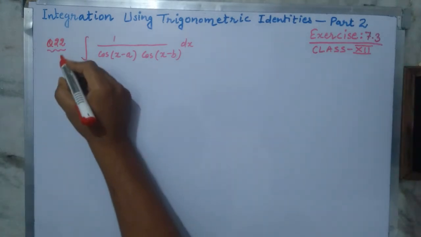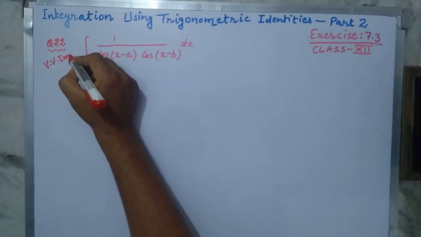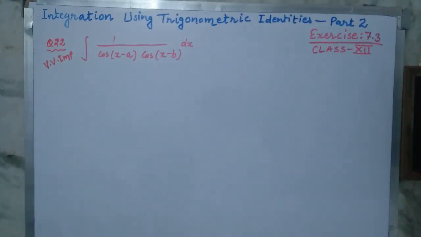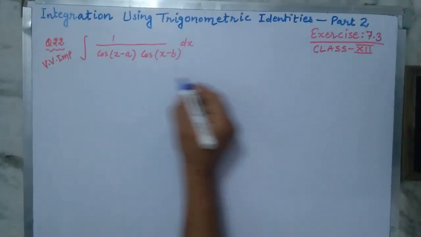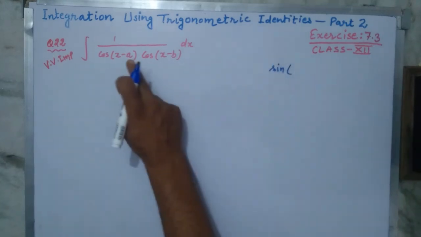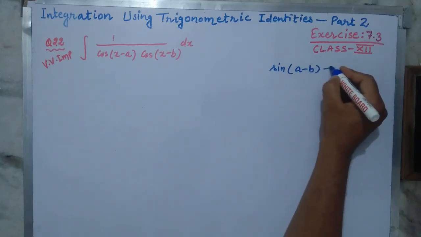Question number 22 is a very important question from the examination point of view. So first of all, how to solve this question? This is a tricky question. So here one thing is there, sine (a minus b) is purely constant.